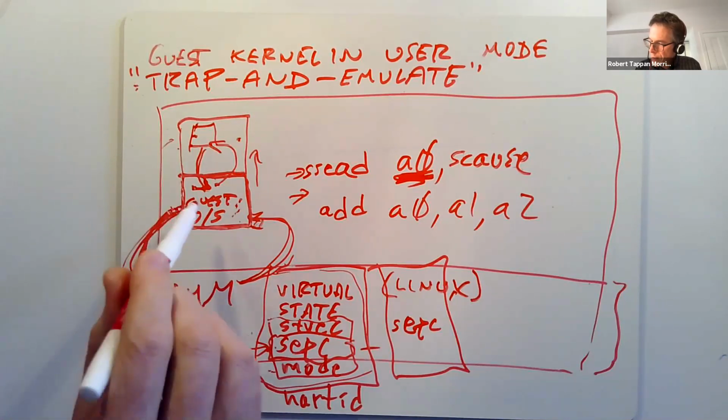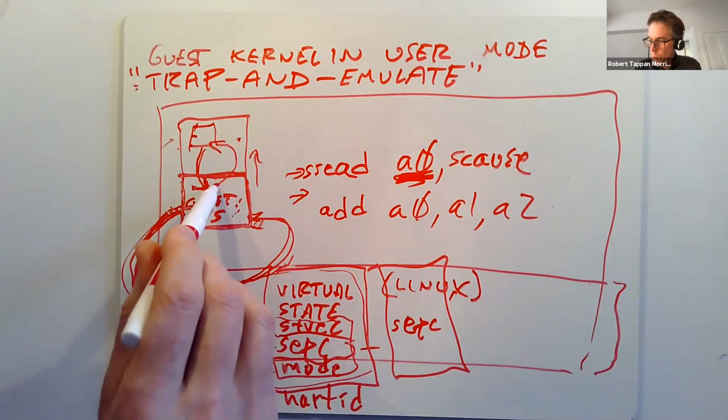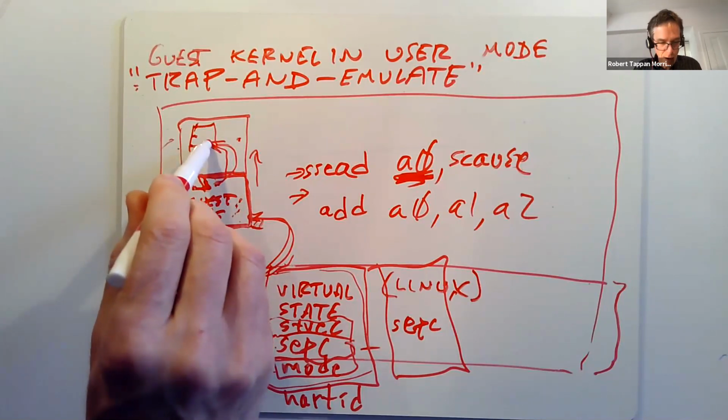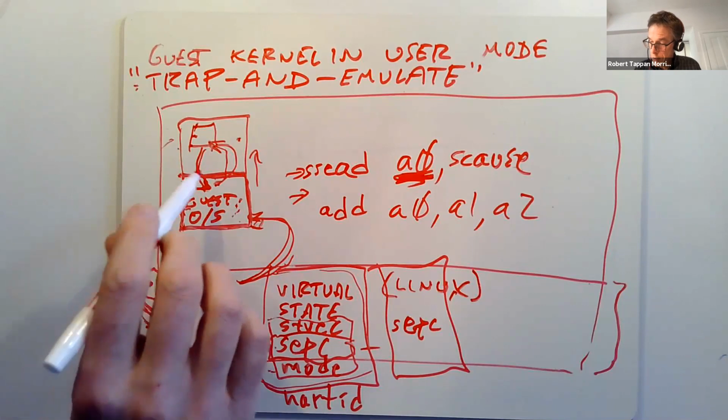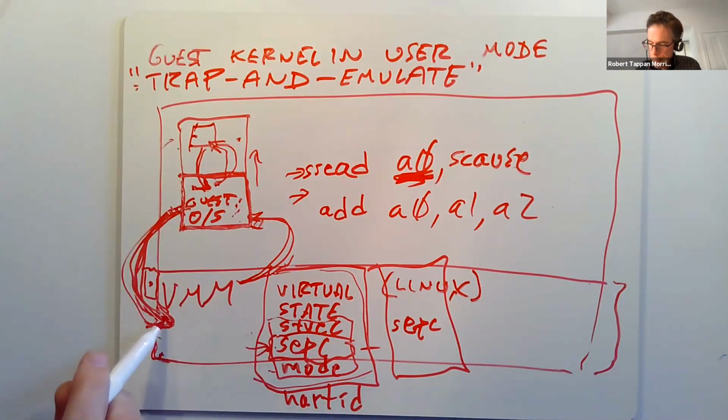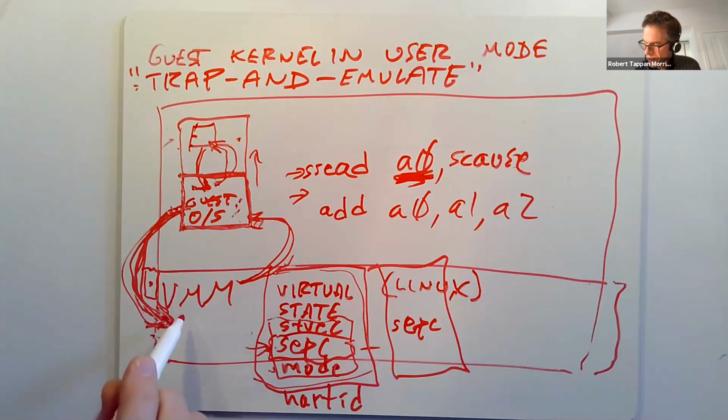Okay, so for example, when we execute SRET to enter user space, the SRET's privileged, luckily. It traps into the virtual machine monitor. The virtual machine monitor changes the virtual mode to user, even though of course the real mode is still supervisor because we're still executing down here.